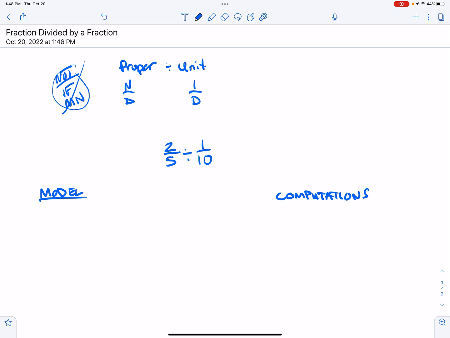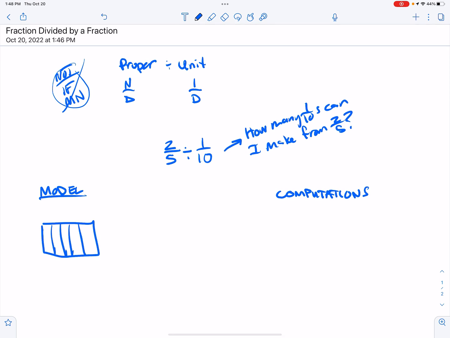It's really beneficial to leverage that language. We're all language speakers, so you might as well connect to that as much as possible. So this here is asking, how many 1/10ths can I make from 2/5?